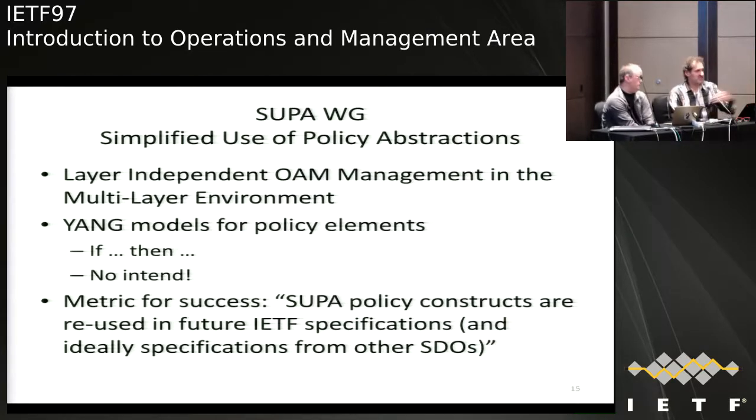If I see this specific security feature, if I see this entry, it takes that routing path, etc. Now, the idea behind SUPA, simplified use of policy abstraction, is to define the policy construct, the if-then statement. Because most of the Yang modules will have those policies: QoS, access list, routing, services, you name it.